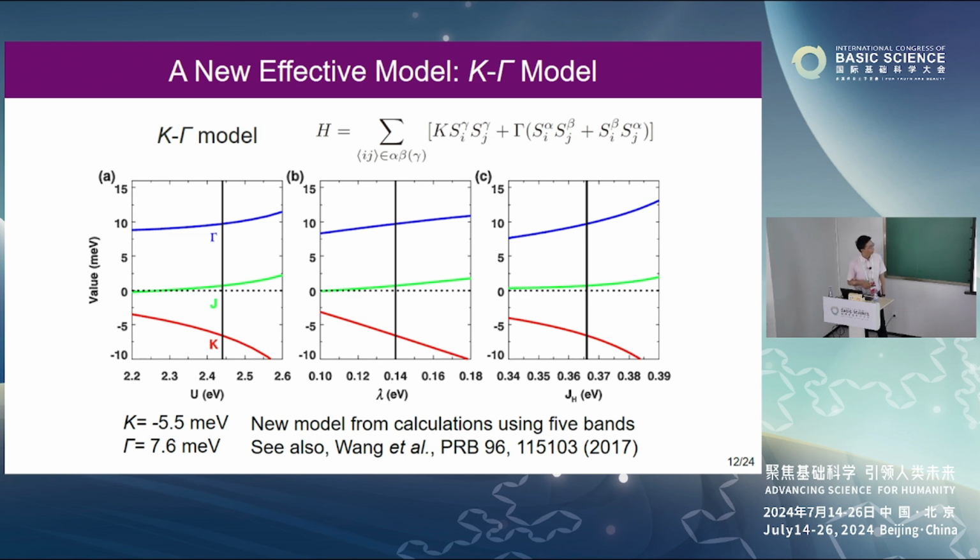However, our theoretical collaborator told us that here, the Heisenberg interaction J is at least one order of magnitude smaller than the other two interactions, which are the Kitaev interaction and gamma.